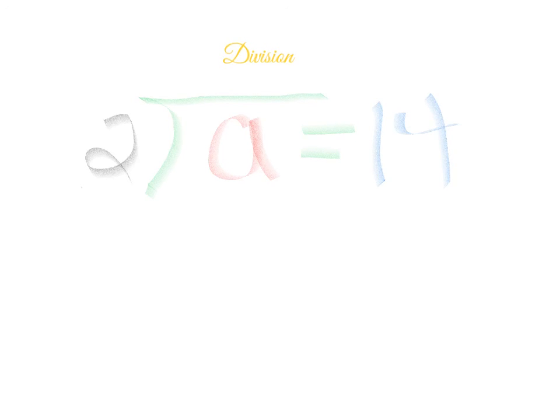So for this, we are going to take away the 2 from each side. So we would wind up with A equals 7. And that's it.